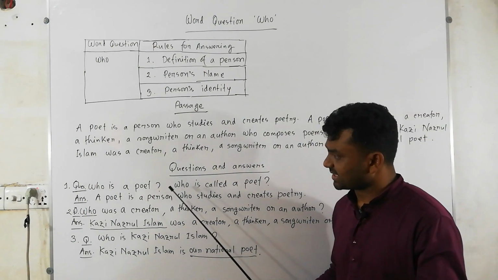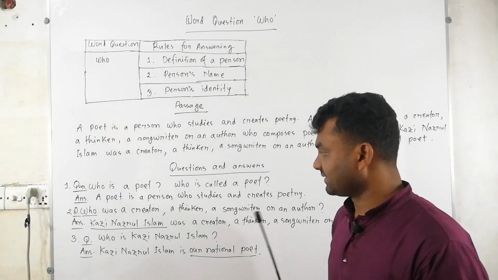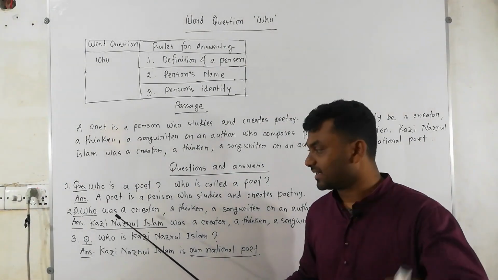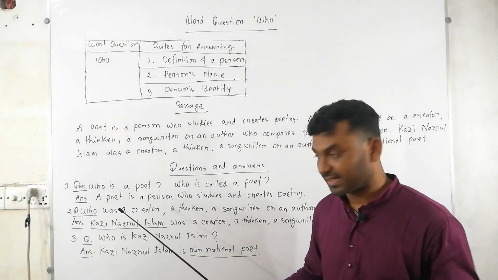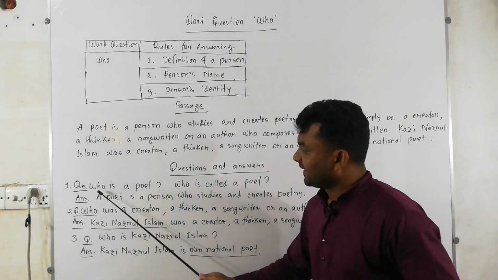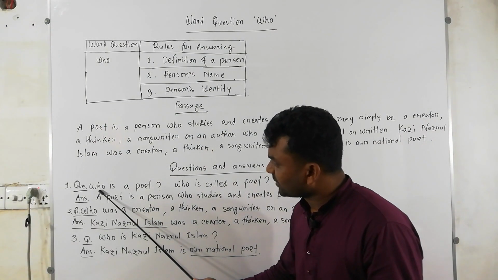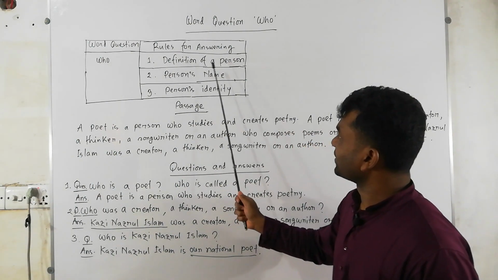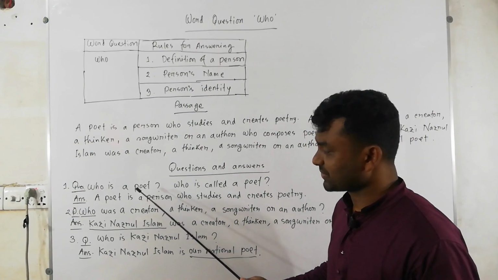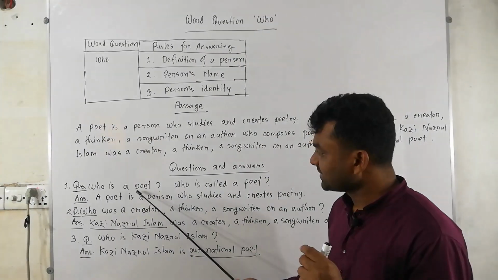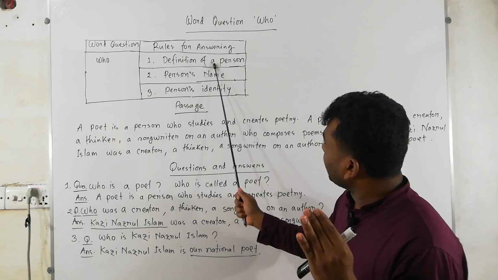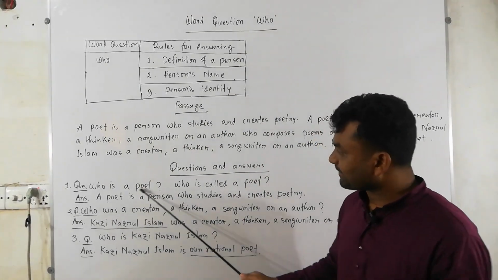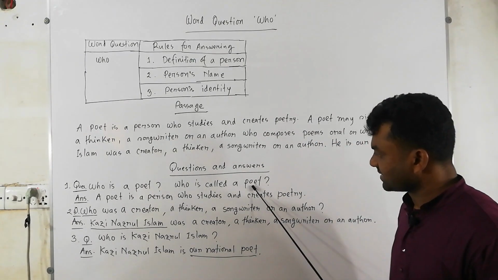By these 2 questions, we can understand that it is demanding the definition of a poet. So, with the question who, number 1, it is demanding the definition of a person. The person here is a poet. Who is a poet? Who is called a poet? These are the questions.